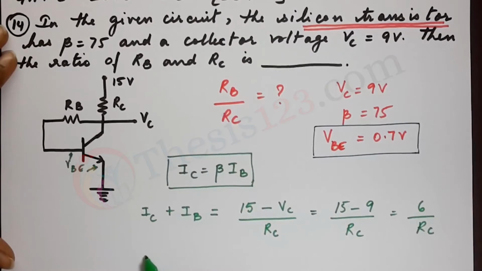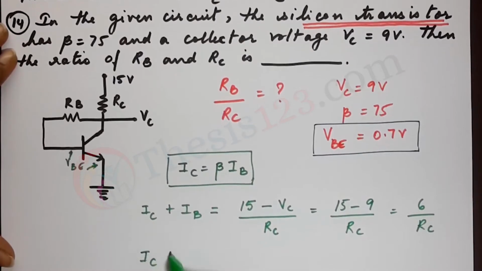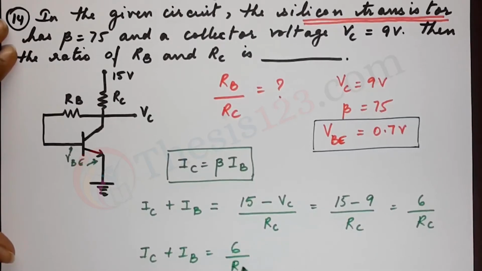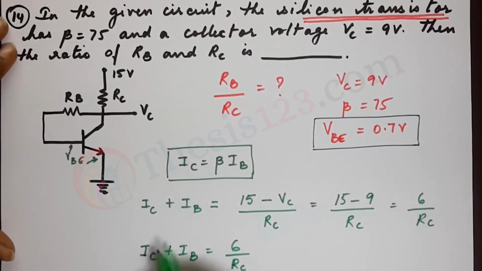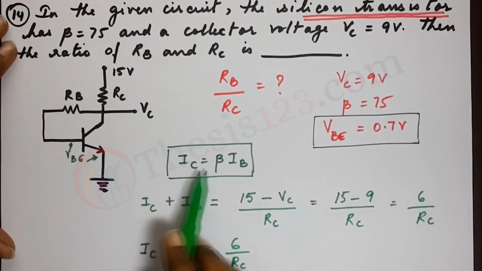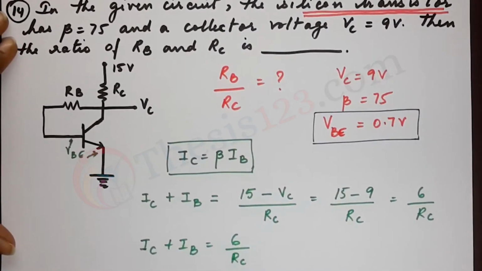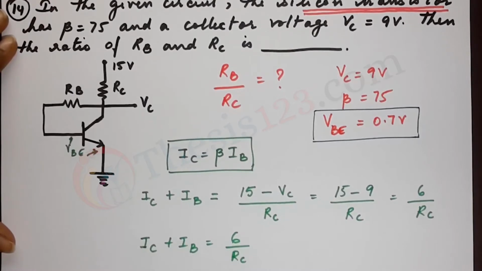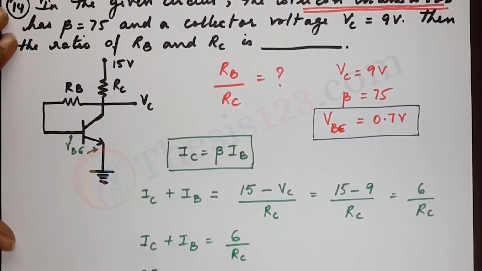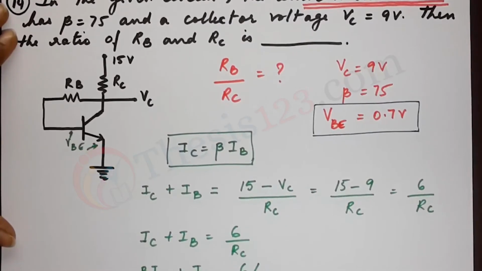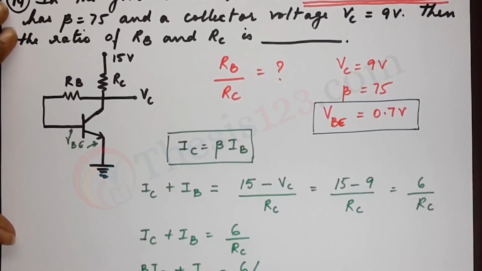So this gives us our first equation. We have IC plus IB is equal to 6 by RC. Now, using this relation, IC equals beta into IB, let's substitute that over here. So we now get beta IB plus IB is equal to 6 divided by RC.